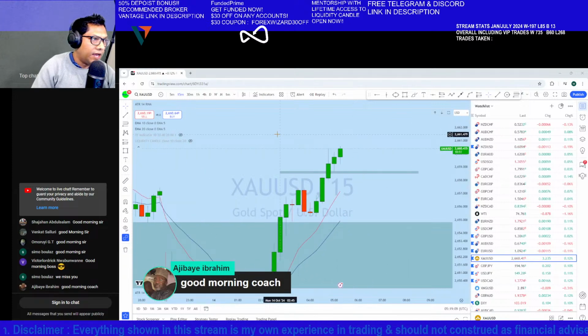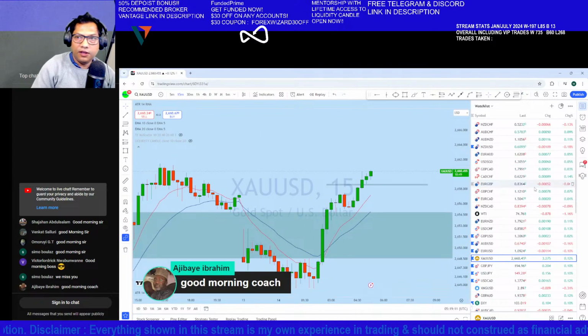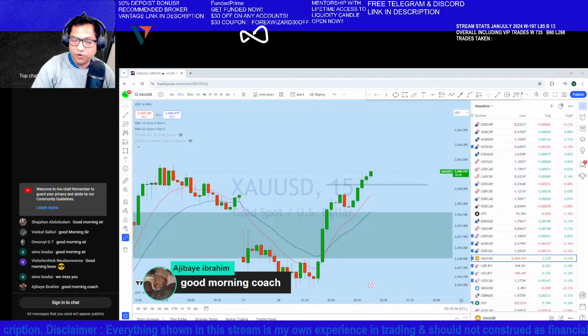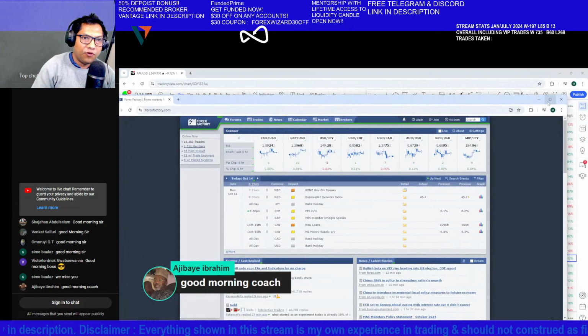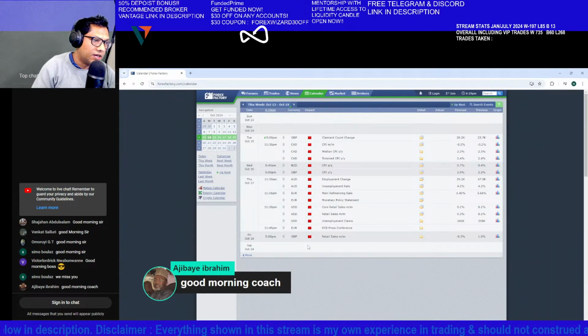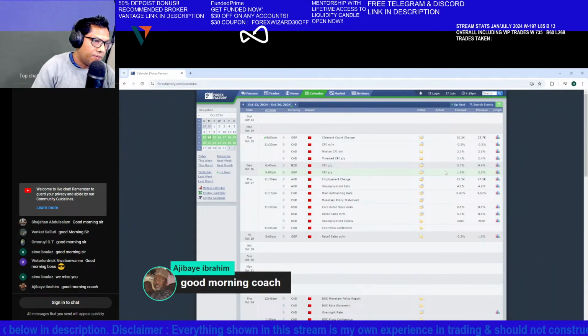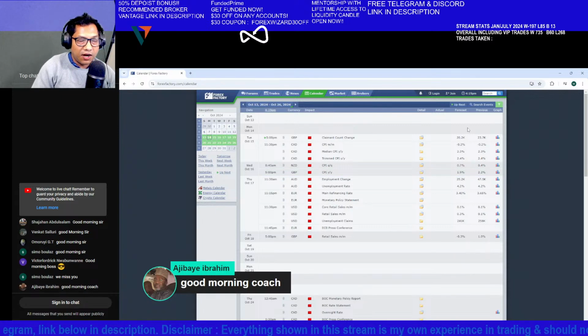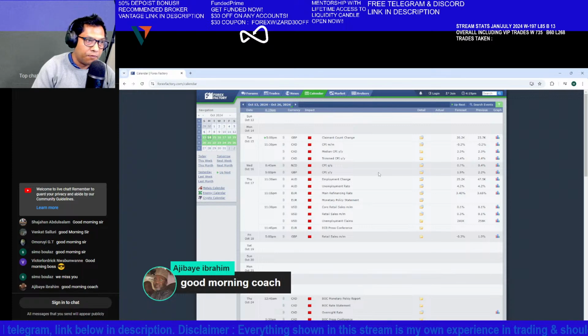With that in mind, if we look at the calendar for the upcoming week, looking at the Forex Factory calendar, so this is the calendar here, and coming up tomorrow, so today there is no significant high impact news, so the market might be preparing for upcoming news.